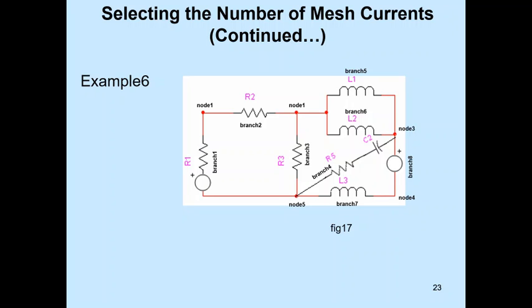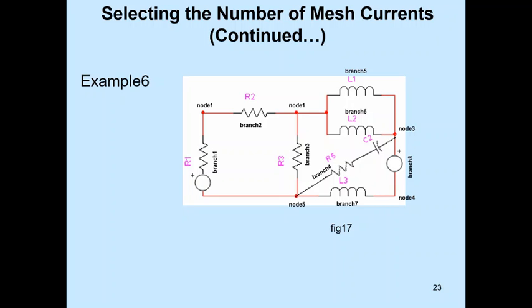So how many nodes here? 1, 2, 3, 4, 5. 5 nodes are there. How many branches are there? 8 branches are there. 1, 2, 3, 4, 5, 6, 7, 8. So 8 branches, 5 nodes.